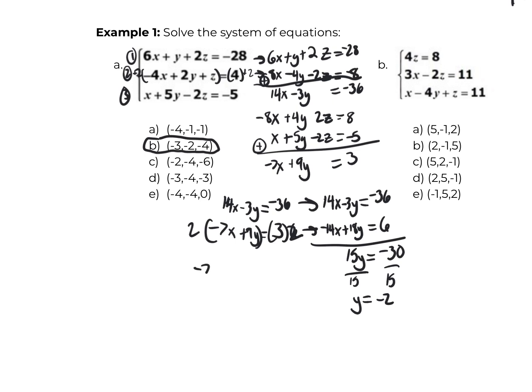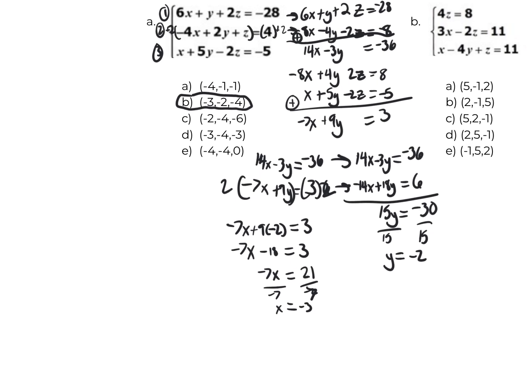So negative 7x plus 9, instead of y, I'm going to write what y is equal to, which is negative 2, equals 3. So negative 7x minus 18 equals 3. Add 18 to both sides. I get negative 7x equals 21. And then divide both sides by negative 7. And I get x is equal to negative 3. Alright, that's what I was hoping to get.